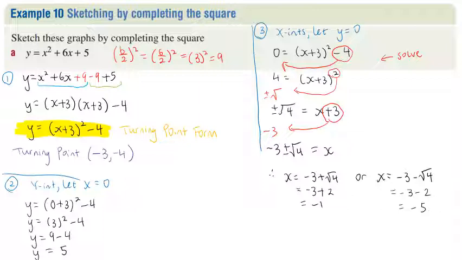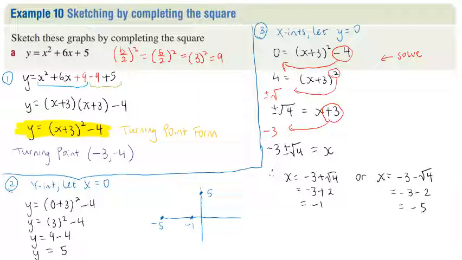Alright, and I haven't left very much space to draw this, but I'll just quickly draw it on the, where is this? Just going to do this. So now I can draw it here. I'll do it in blue. So my x-intercepts are at negative 1 and negative 5. My y-intercept is at 5.